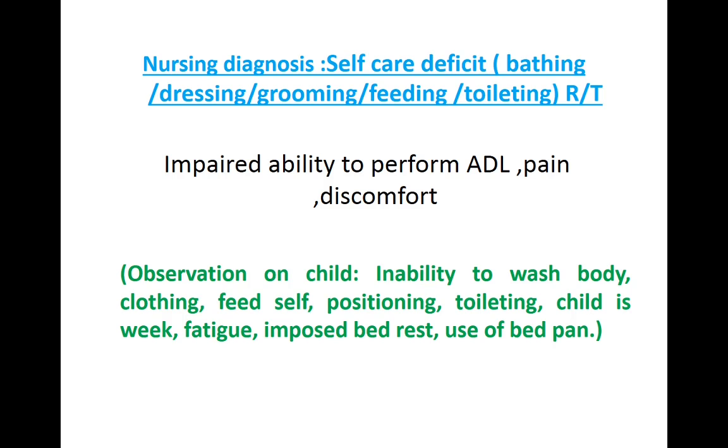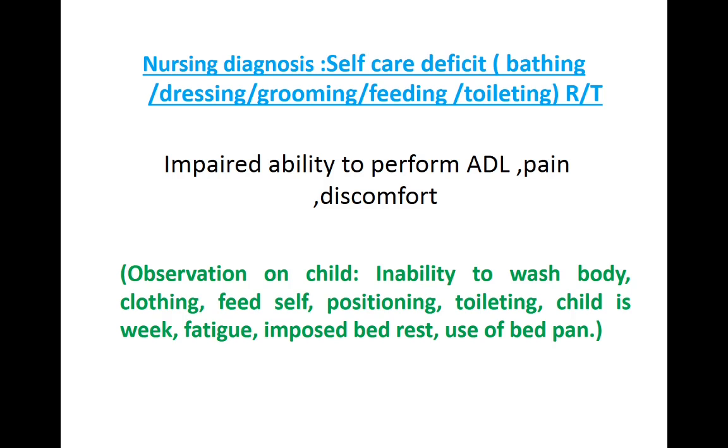So this will be related to impaired ability to perform activities of daily living, or it might be related to pain, or it might be related to discomfort. Impaired ability to perform activities of daily living may be related to some physical conditions like injury or maybe neuromuscular impairments.